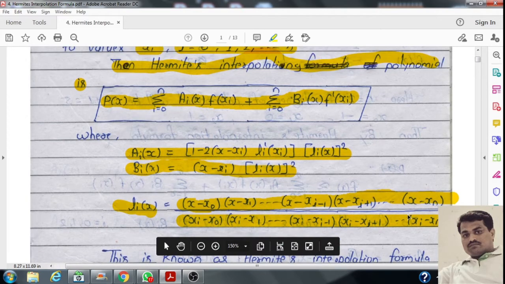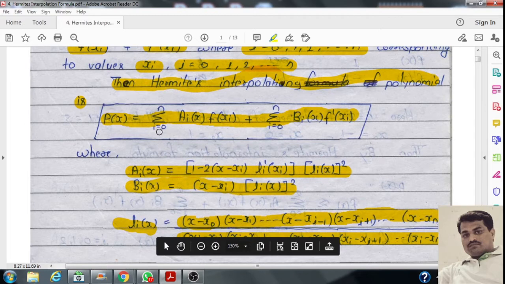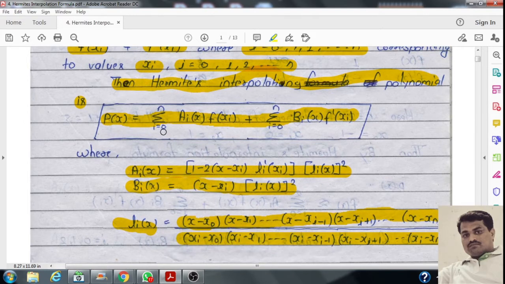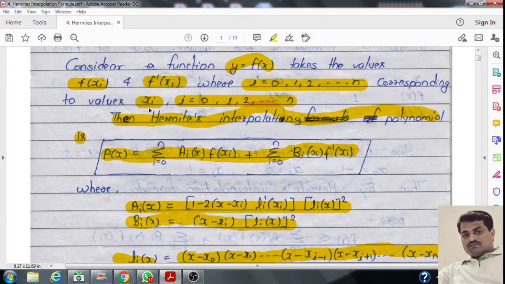Okay, then if you see the formula, P of x is equal to summation i goes from 0 to n Ai(x) into f of xi. You can find Ai(x) by using this formula, and f of xi means values of f of x at x is equal to xi. Means suppose there are four values x0, x1, x2, x3, then you can take here f of x0, f of x1, f of x2, f of x3.